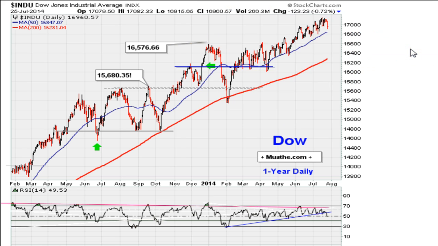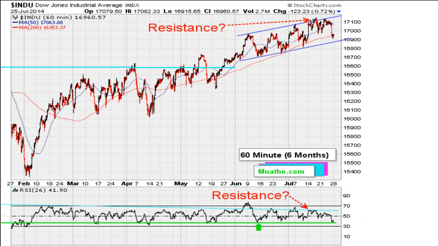Nasdaq or the Dow hourly chart, and this is good news for the bulls, because on this green line here you can see this is where the market has been bouncing all the way from February of this year. Every time the market has come to these levels, it's found a nice support on the hourly, on the RSI.